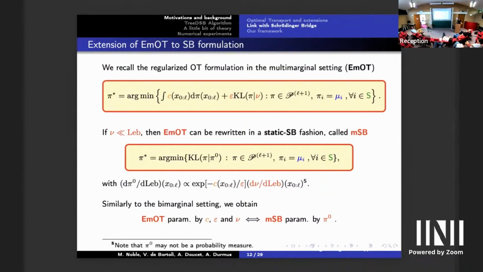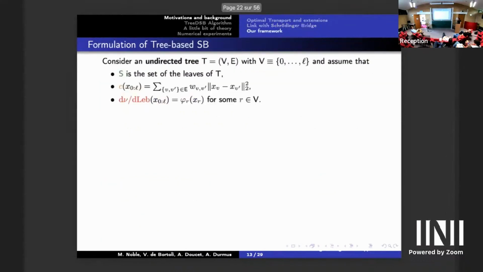You may consider other settings for nu, but you don't have a probability measure. So it's really important to have in mind that we don't have so much choice. Given the quadratic cost, we don't have so much choice on the nu. You just choose one potential on the node, and then you follow your Gaussian conditional distribution. In theory, you could choose something else, but you may not have a probability distribution.